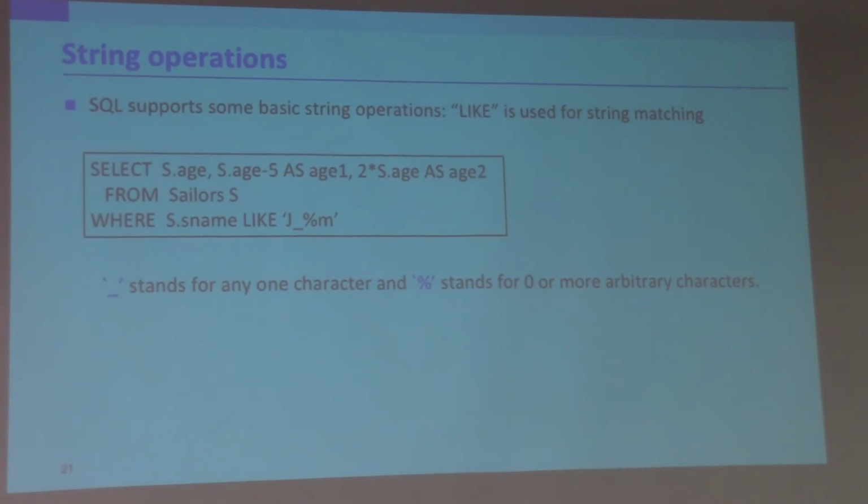So if I specify s.name like 'j_%m', it should have j, at least a particular character in the middle, and then m, at least a character, because we have underscore in there.